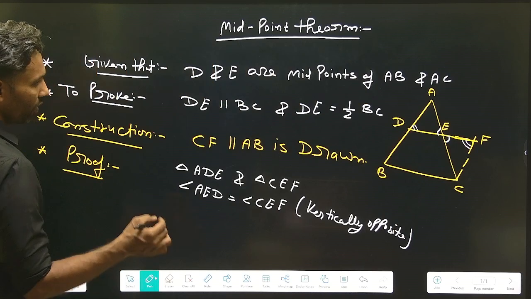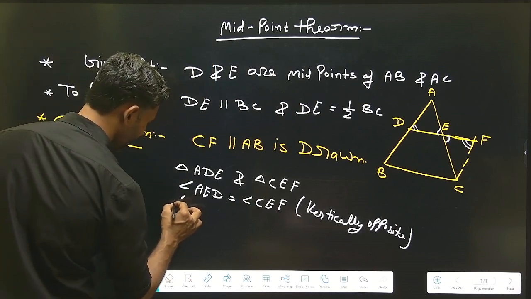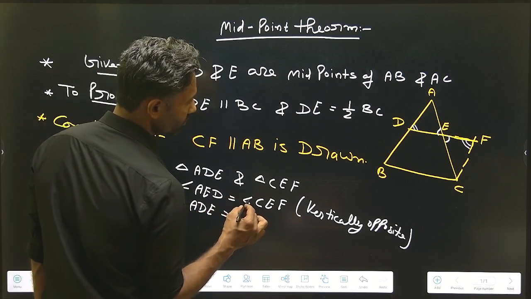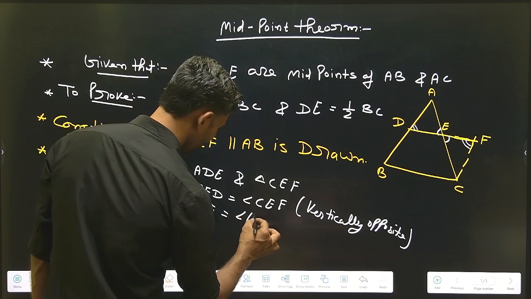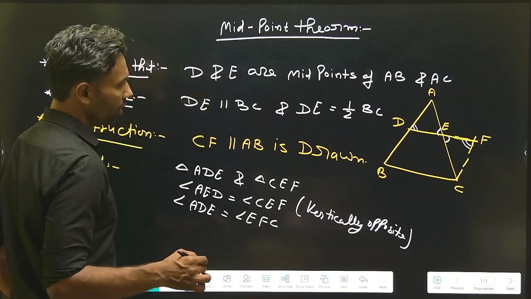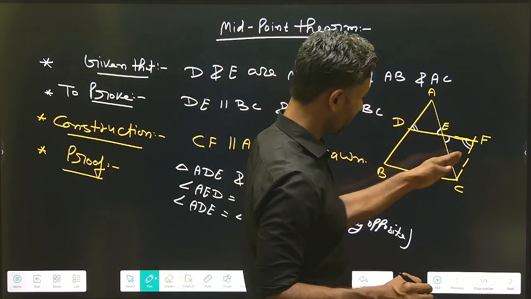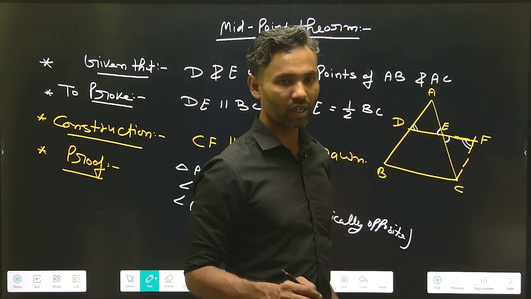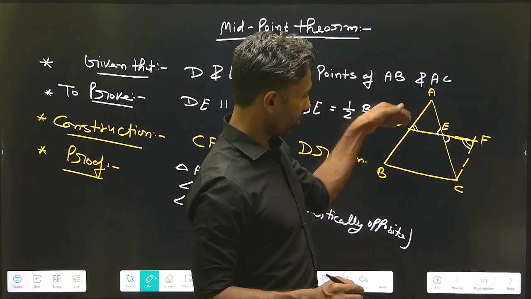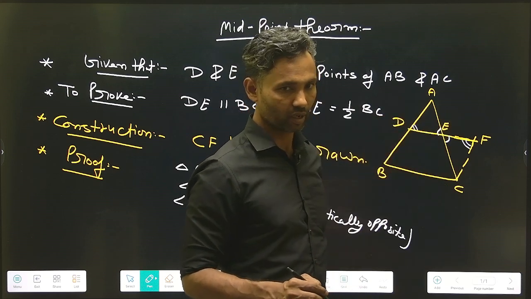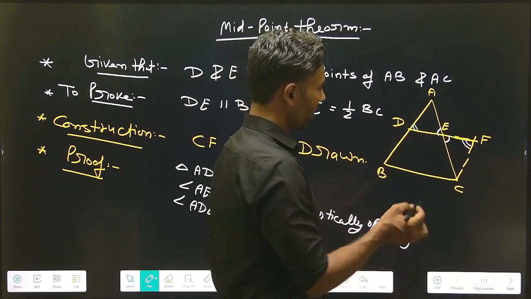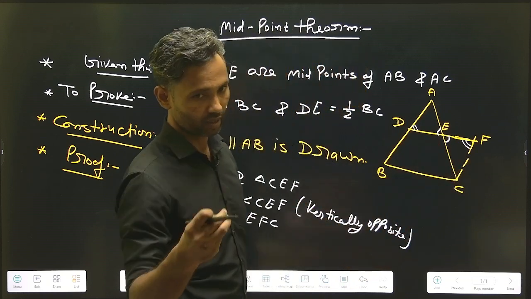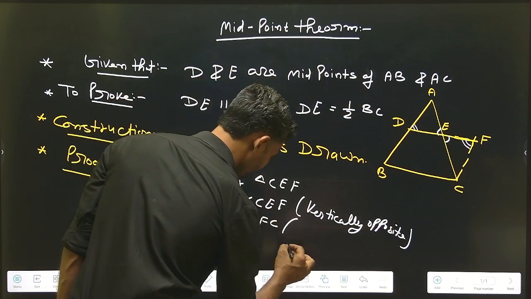Why is this equal? Angle ADE will be equal to angle EFC. Reason: we have drawn AB parallel to CF, and DE will be a transversal line for these parallel lines. So angle ADE and angle CFE will be equal because they are corresponding angles.